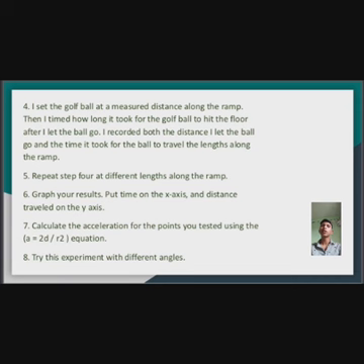Sixth, graph your results and put time on the x-axis and distance traveled on the y-axis. Seventh, calculate the acceleration for the points you tested using the equation. Eighth, try this experiment with different angles.